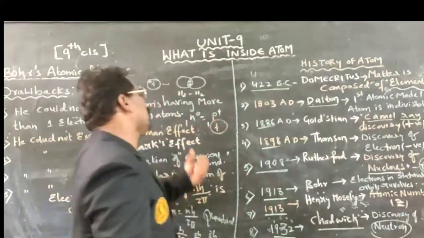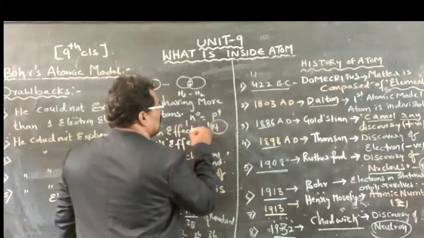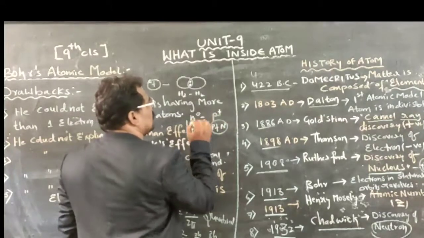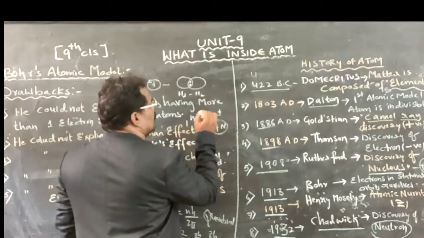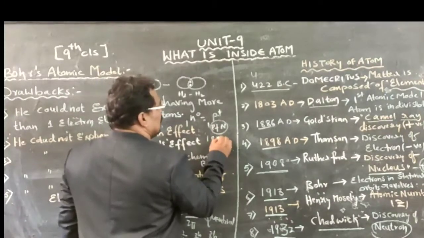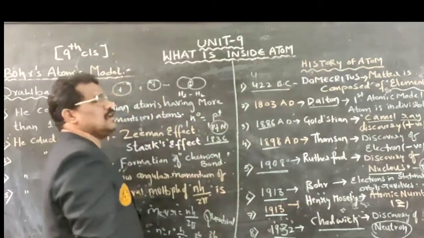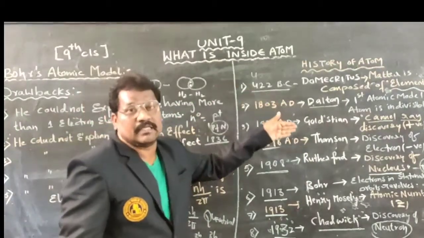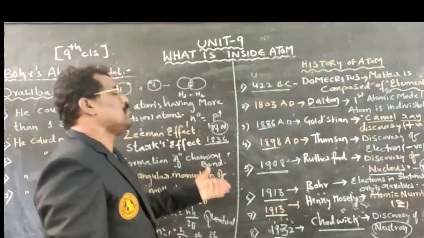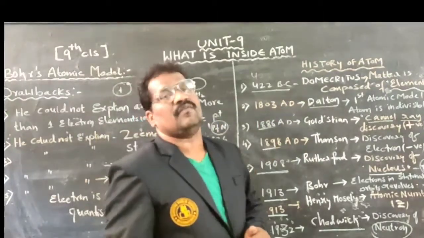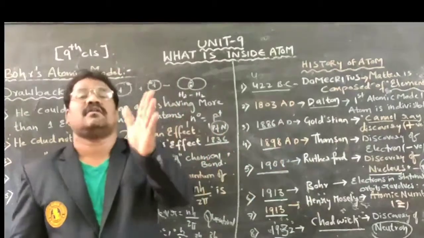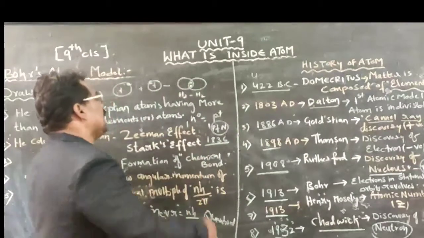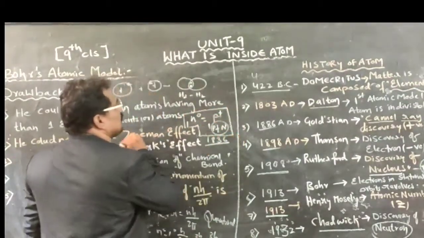The neutron mass as well as the proton mass is quite equal, so that each is 1836 times heavier than the mass of the electron. Therefore, the mass of an atom can be explained based upon what the nucleus consists of.